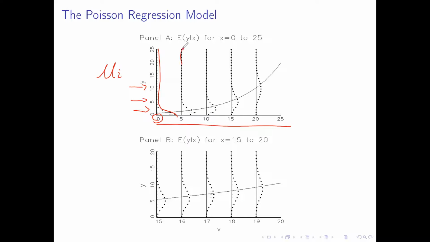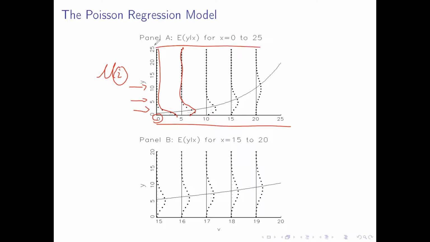This is what it looks like for x equal to 5, right? And they should have a different mu here, that is the expected count in the population, and on and on. Here we can see that as the values of x increase, the conditional Poisson distribution approximates closer to the normal distribution.